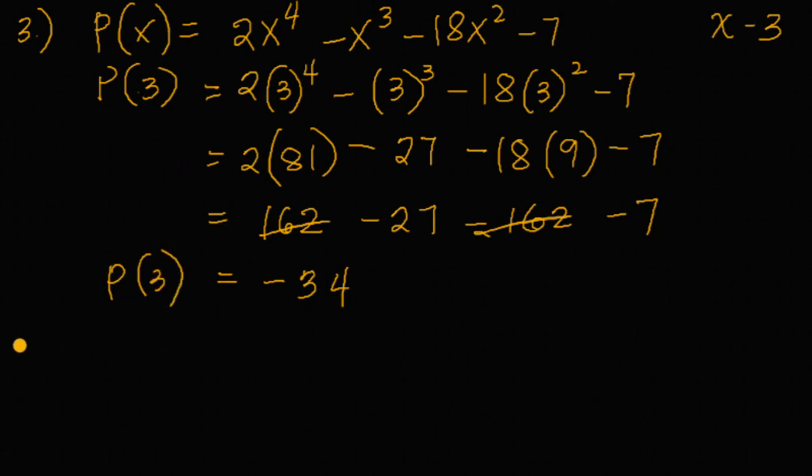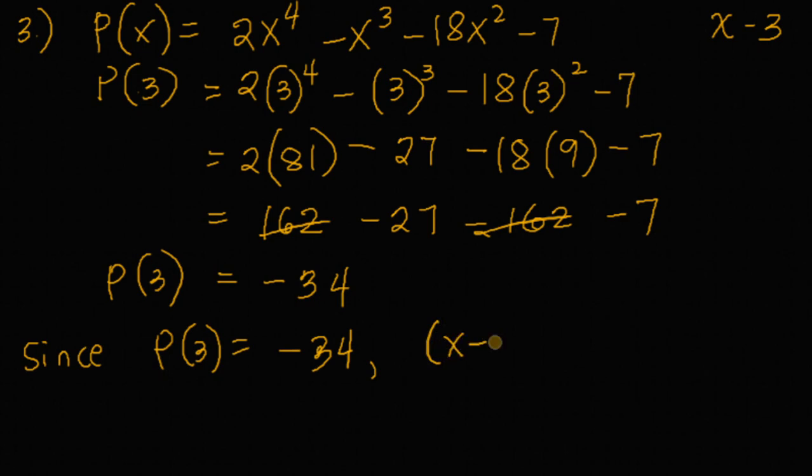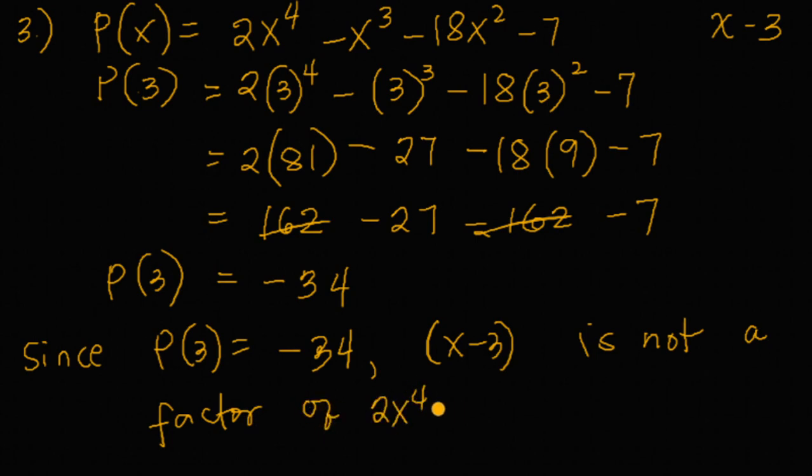Now, since p of 3 is equal to negative 34, okay, x minus 3 is not a factor of 2x raised to 4 minus x cubed minus 18x squared minus 7.